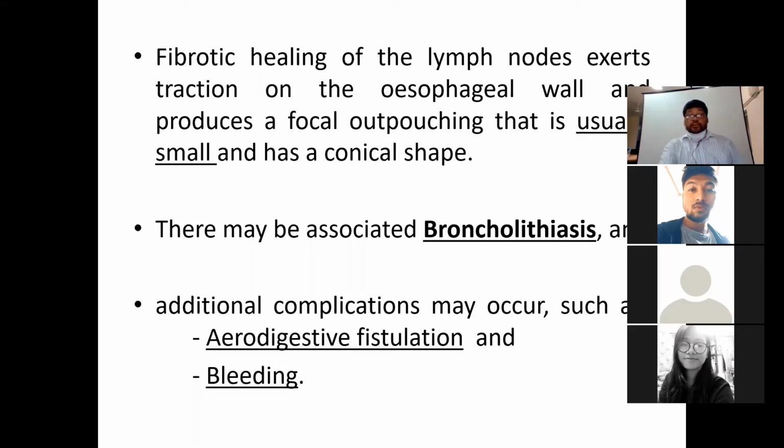It is sometimes associated with broncholithiasis. And we may encounter additional complications like aerodigestive fistulation and bleeding. Aerodigestive fistulation means fistula formation or abnormal tract between the trachea and the esophagus.